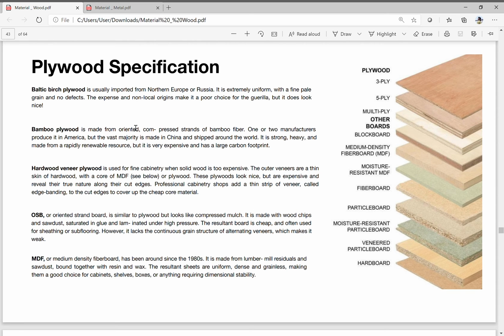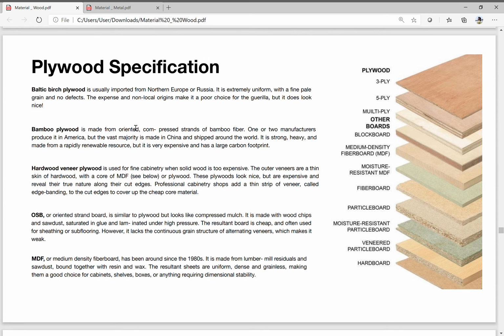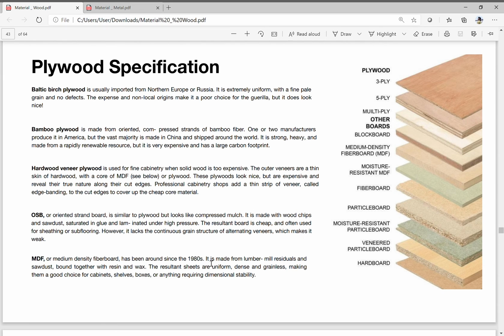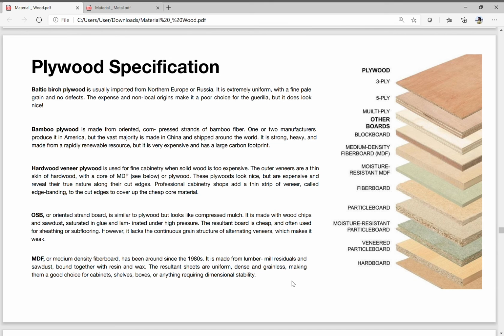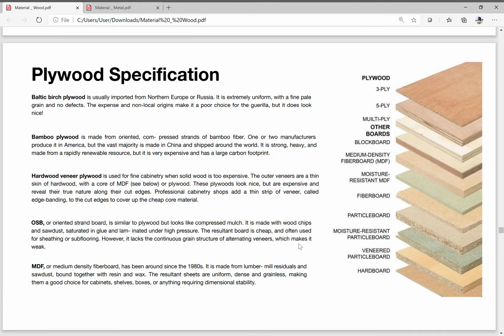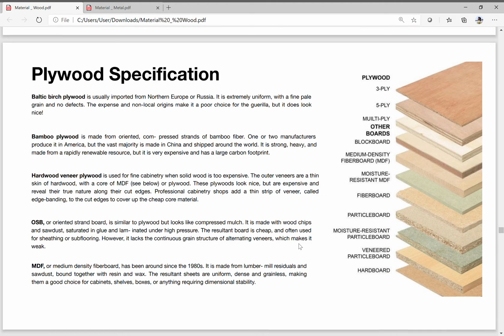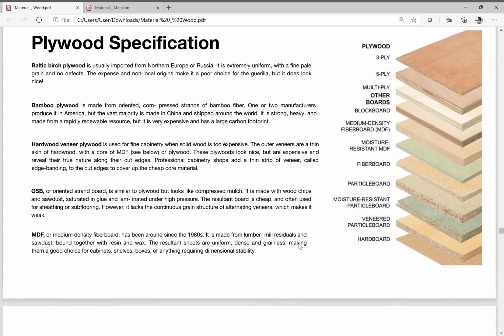You have your bamboo plywood, your hardwood veneer plywood, your OSB, or oriented strand board, and then you have your MDF. MDF is usually used in cabinetries, boxes, and anything that needs dimensional stability.